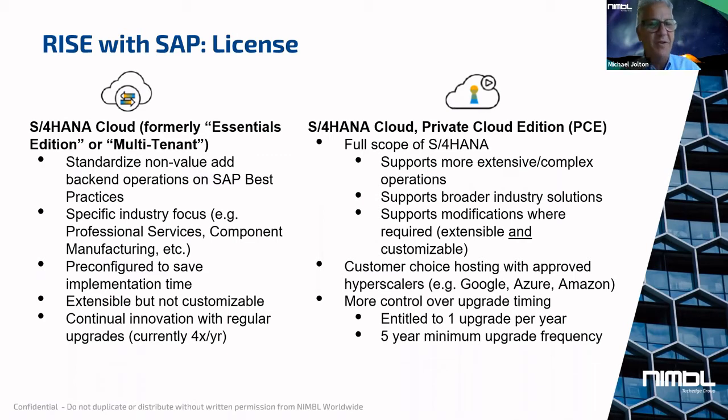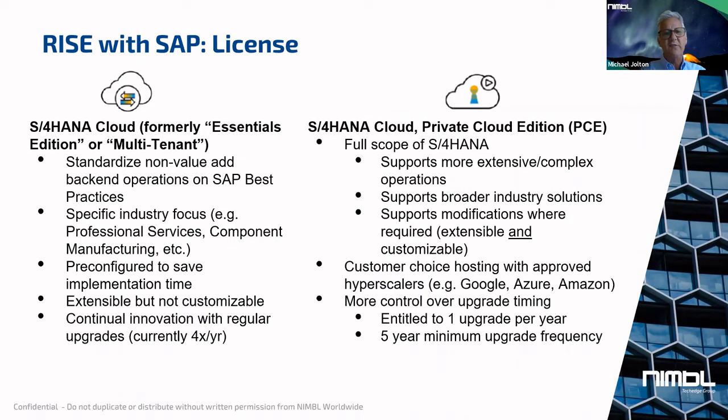SAP's confusing things a little bit again with some rebranding. You might have known S4HANA Cloud as Essentials Edition last year. Prior to that, it was multi-tenant, I think. Prior to that, I think it was public cloud. Prior to that, it was just cloud, right? But this is the pre-configured version specific to a few industries. Those industries are going to grow over time as SAP continues to add functionality.